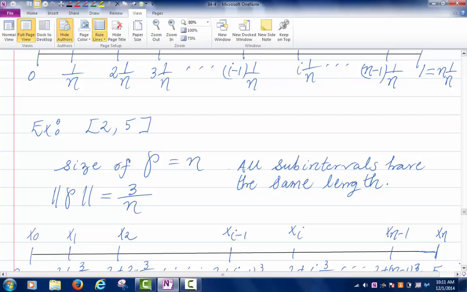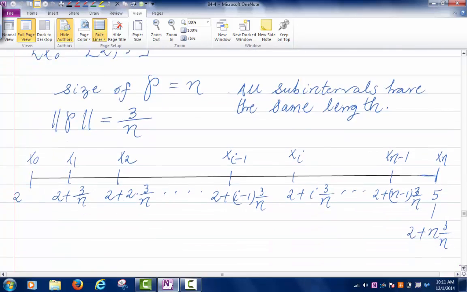Once I know that the first partition point x0 is of course the left-hand point 2, I add the length 3 over n to it to get the second partition point. I add the length again to get the third partition point, I add it again to get the fourth, and so on.